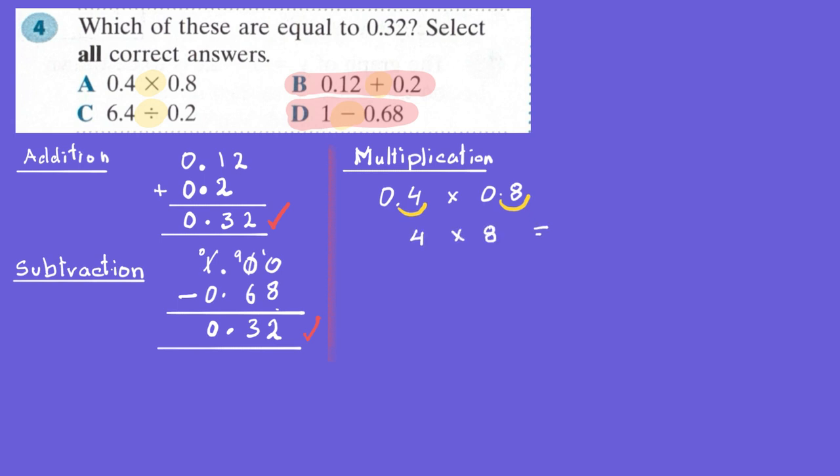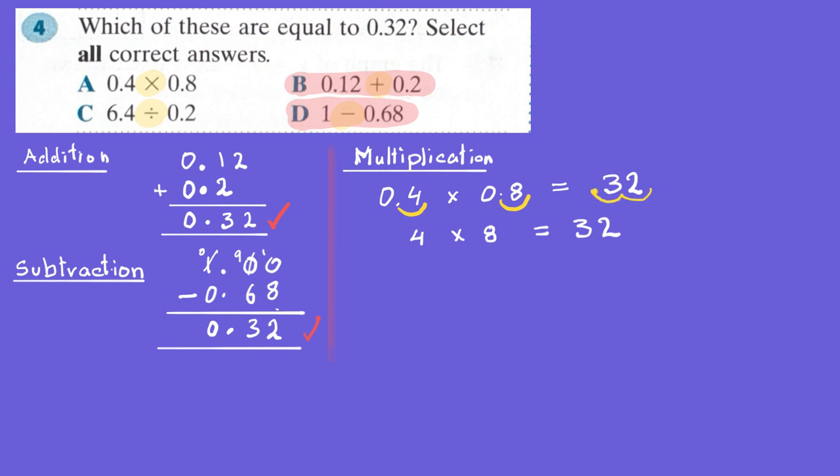Now this will be equal to 32. But because we have moved the decimal point 2 places, our answer is not going to be 32, but we're going to have to move 2 places back, 1, 2.